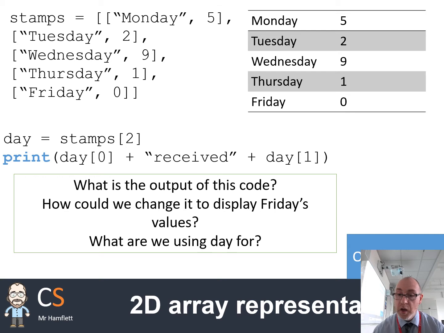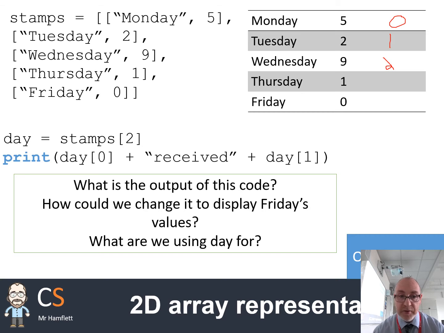So we have our rows and we have our columns. Let's say I create a variable called day, and I say stamps 2. That's getting the third row out. Why the third row? Remember 0, 1, and 2. Wednesday is the third row, but in index 2.